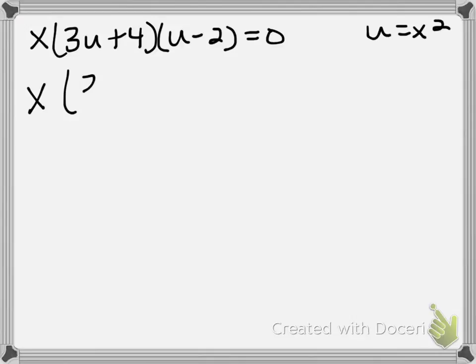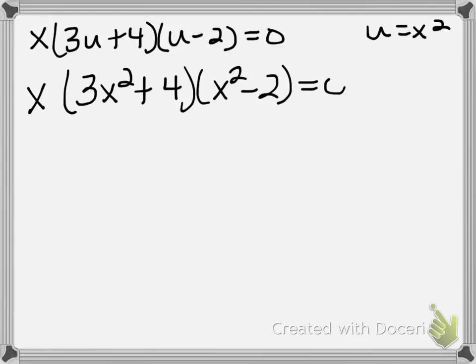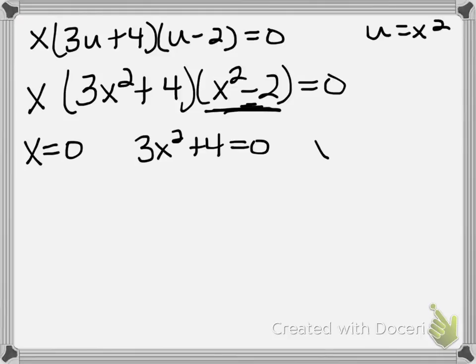So the u was x squared, so I'm going to replace that. I'm going to check here, because I see subtraction, whether that's a difference of squares, and it's not because 2 is not a perfect square. So what I'm going to do is set each of these equal to 0 to solve.